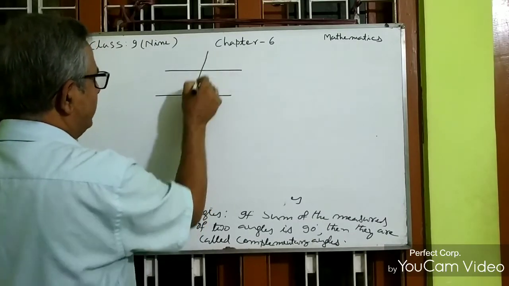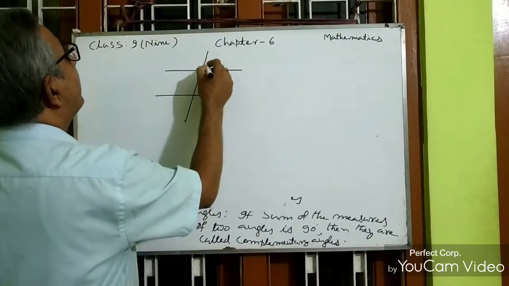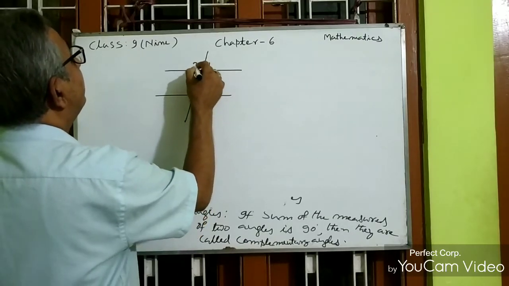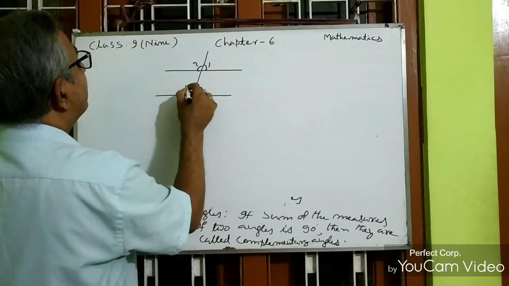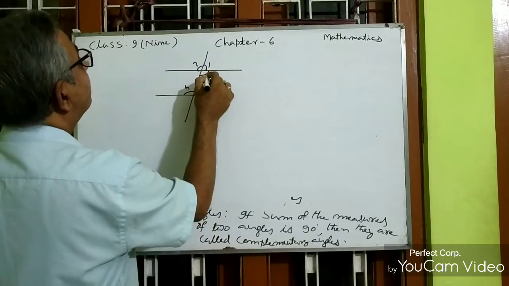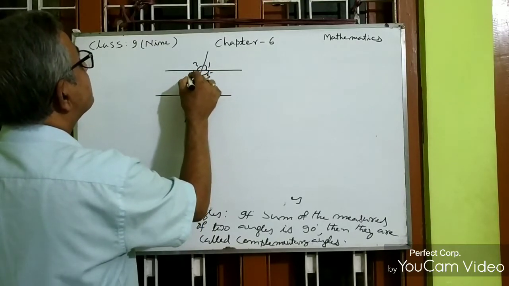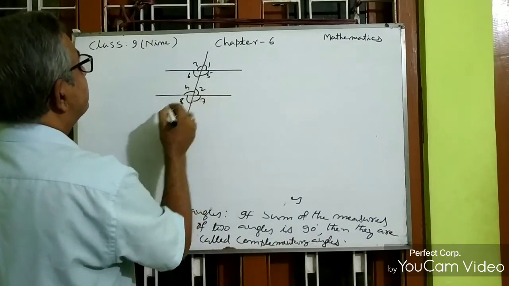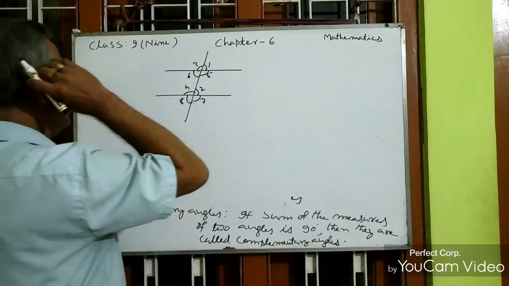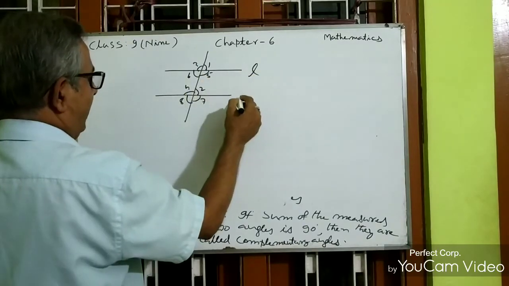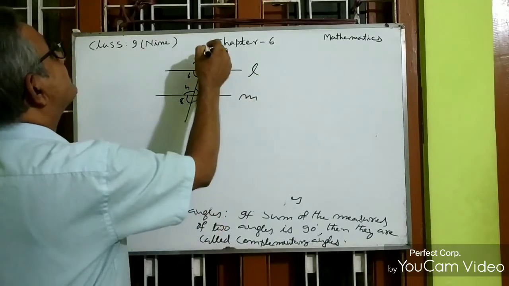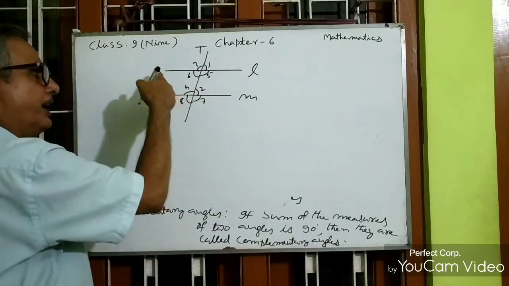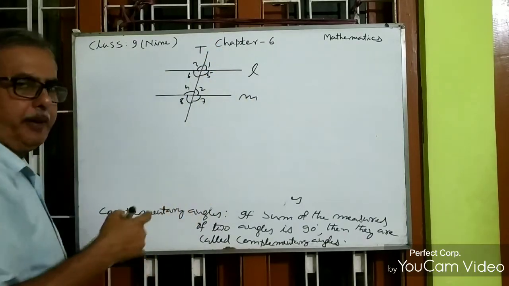In these two lines, I am telling you angle 1, angle 2, angle 3, angle 4, angle 5, angle 6, angle 7, angle 8. You understand L, M are the two lines and T is the transversal. Why transversal? Because it intersects the two lines L and M.